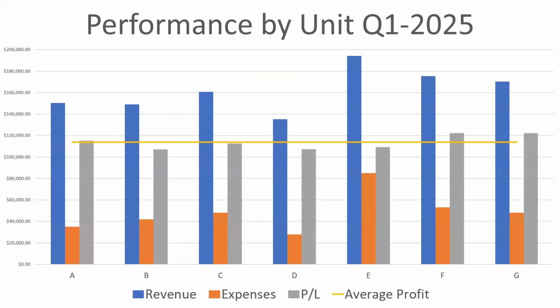But when we're looking at bar charts, because they have bars, bar charts are really helpful when you're comparing multiple units and similar criteria for each unit, right? So here we can see the revenue, expenses, and the profit or loss, okay? If it was a loss, this bar would actually go below zero, and we would see that that would be a loss, okay?